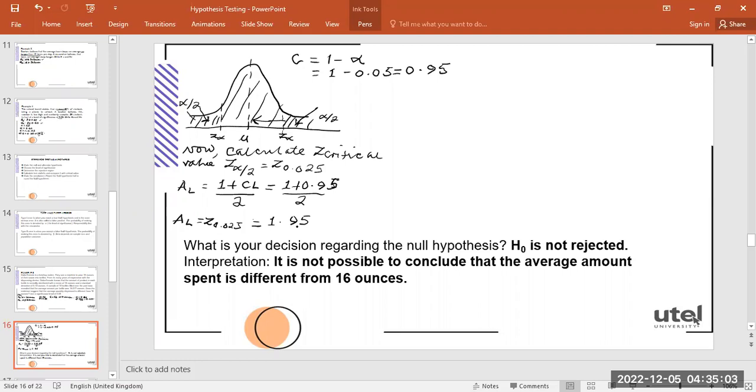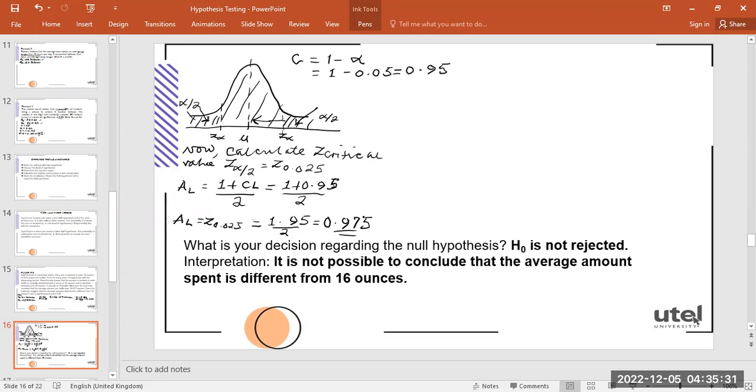And then divided by 2. That gives us, when we do that, divided by 2, a value of 0.975.